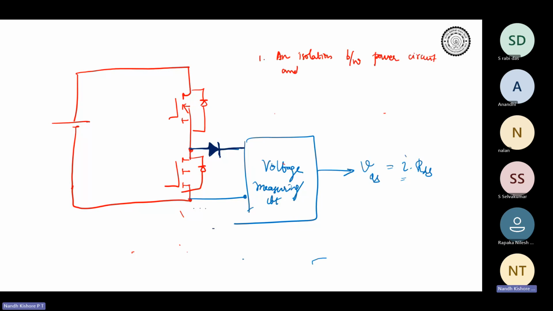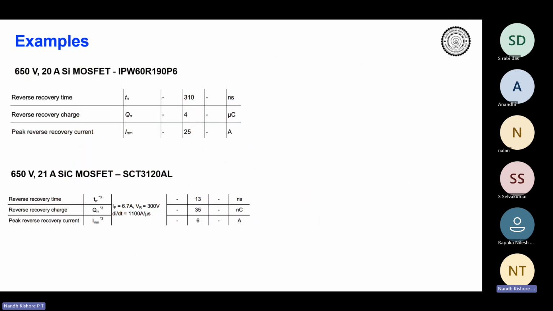and see, basically these voltage measurement circuits are analog devices, correct? They are realized using analog circuits, because what you will be measuring is this VDS. Let's say I go to the characteristic.